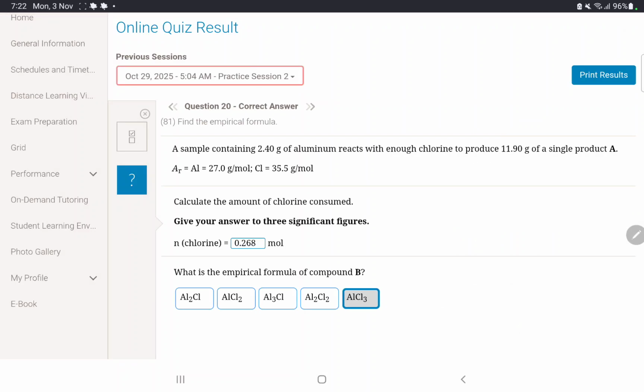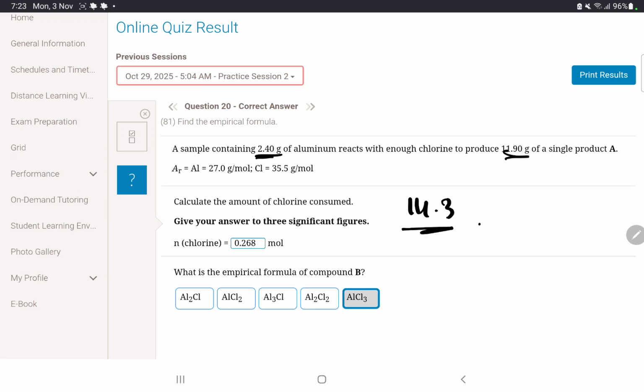Okay, but then we go to number 20. Here it's pretty straightforward. You just minus the 2.4 from the 11.9, and what do you get? 11.9 minus 2.4, oh, sorry, that's 9.5. My bad. That's the mass of chlorine.